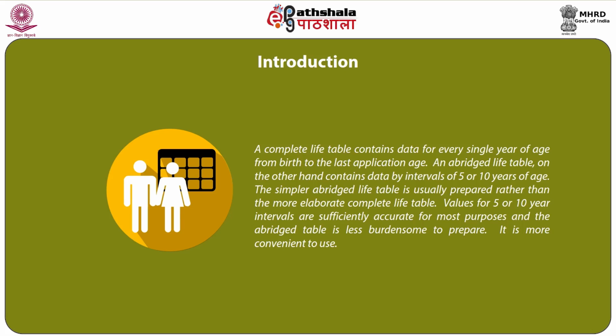Values for 5 or 10-year intervals are sufficiently accurate for most purposes, and thereby the abridged table is less burdensome to prepare. It is also more convenient to use for various demographic analyses.